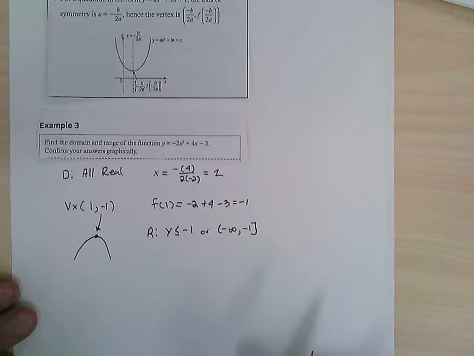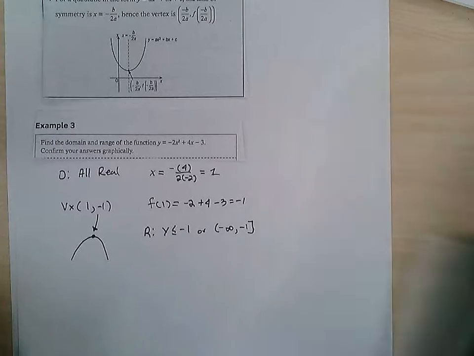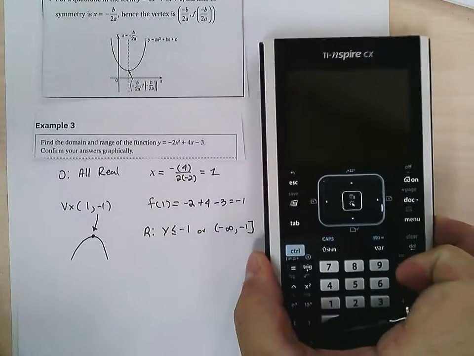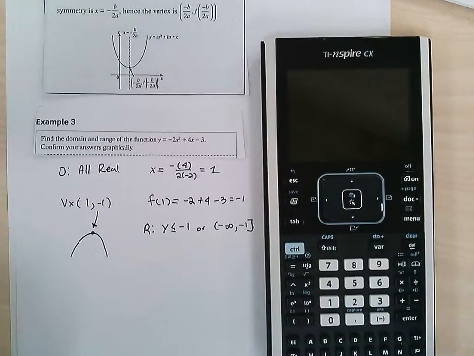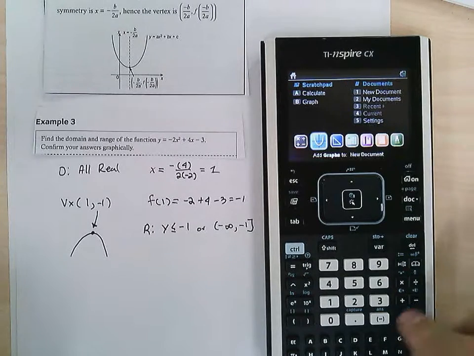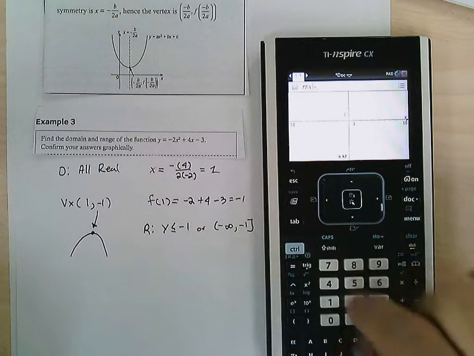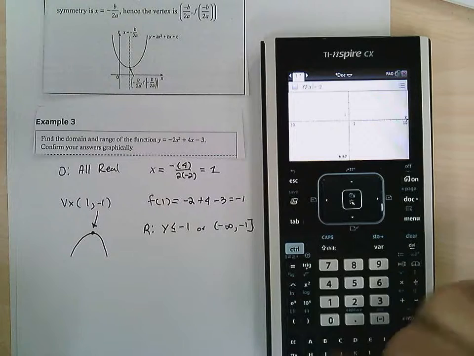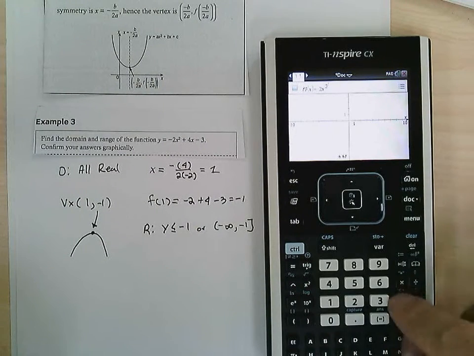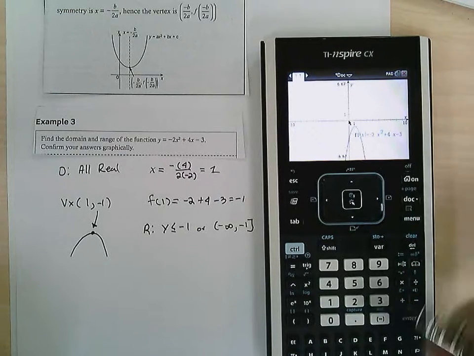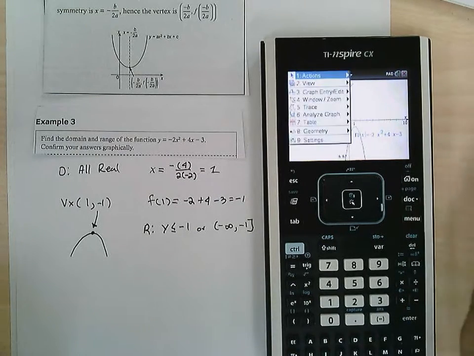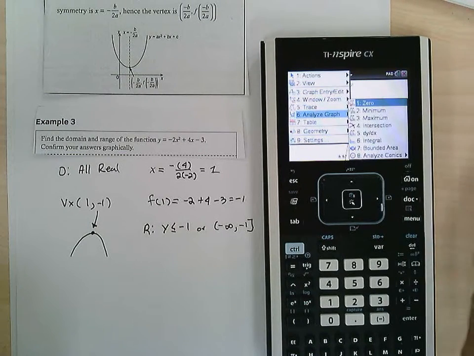And now we're going to confirm this graphically using the calculator. I'll go to the graph and plug in the equation, negative 2x squared plus 4x minus 3, and I can analyze the graph.